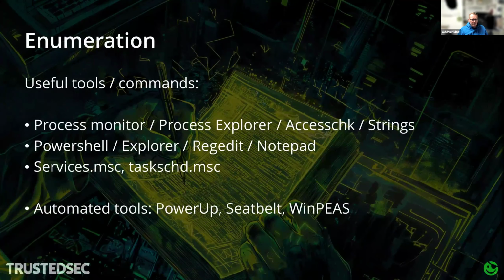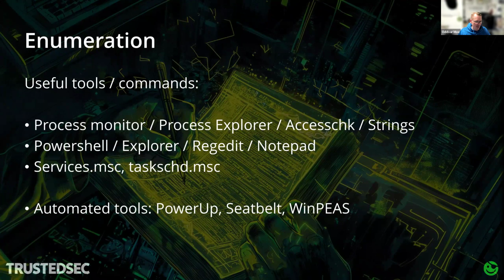So to enumerate privilege escalation things, there are different tools that you can use. And this is, of course, not all the tools in the world. This is just some of the tools that I use a lot. So basically everything from Sysinternals, you will see that over and over again in this webinar. So Process Monitor, Process Explorer, AccessChk, Strings, all these binaries that you can download from Microsoft are super useful when you are looking into privilege escalation.